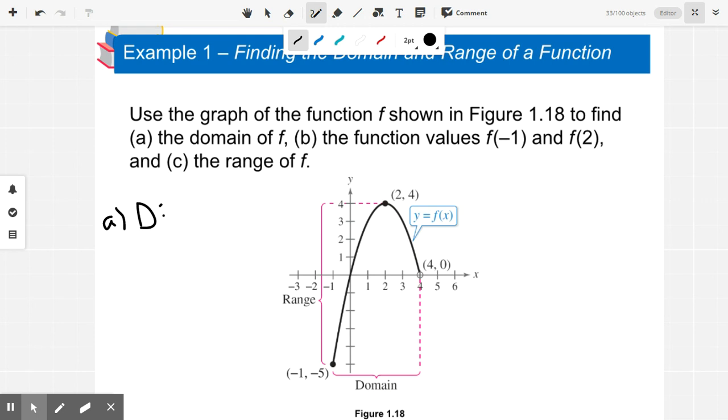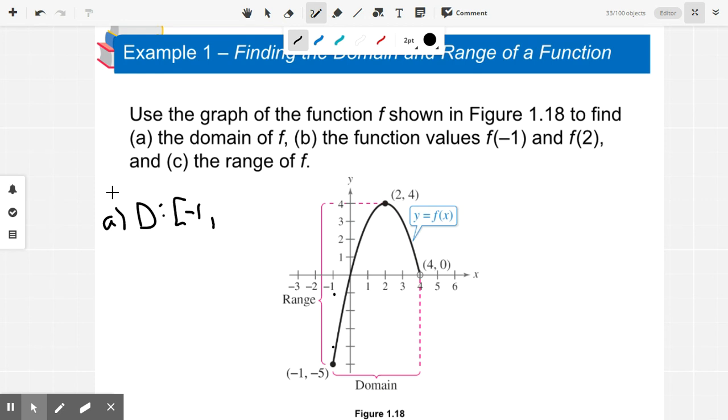If we go to the left, right here we drop down, it goes all the way over to -1. And since this is a solid point, it includes -1. So remember, we put the bracket to include -1.